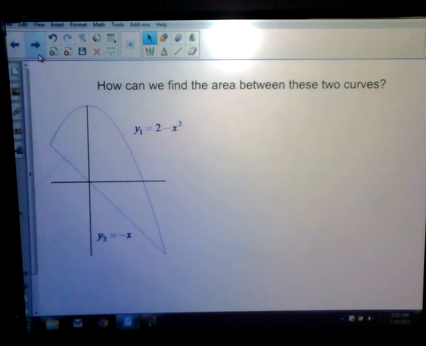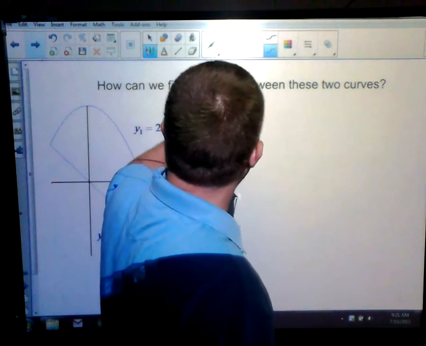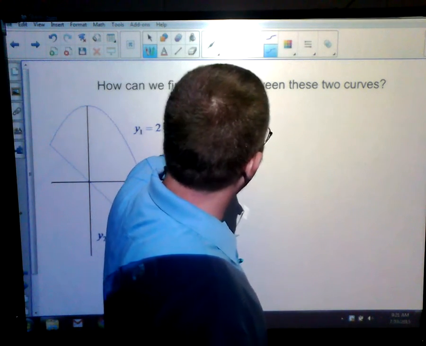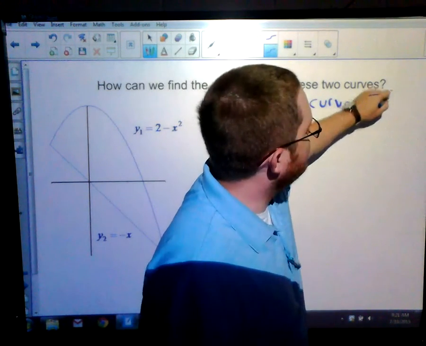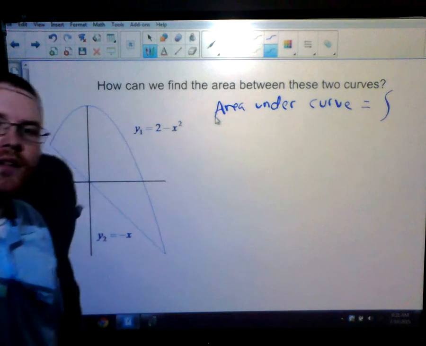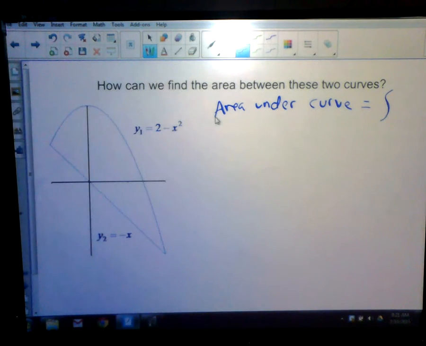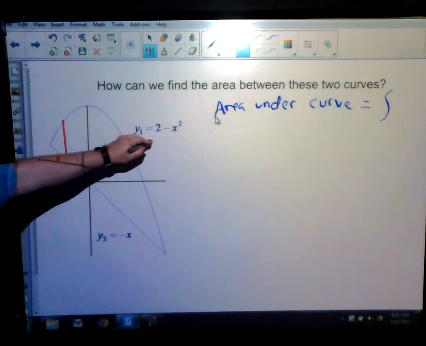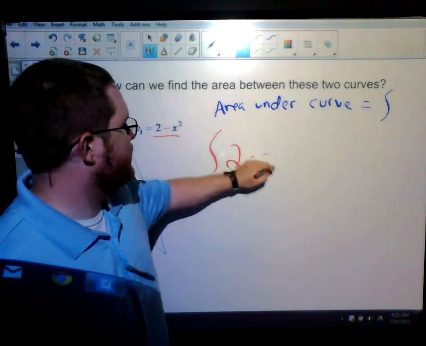Well, what do we know finds area? In calculus, to calculate area under a curve, I use the integral. So I have two curves. So how could we do this? Well, the area under this curve would be 2 minus x squared.